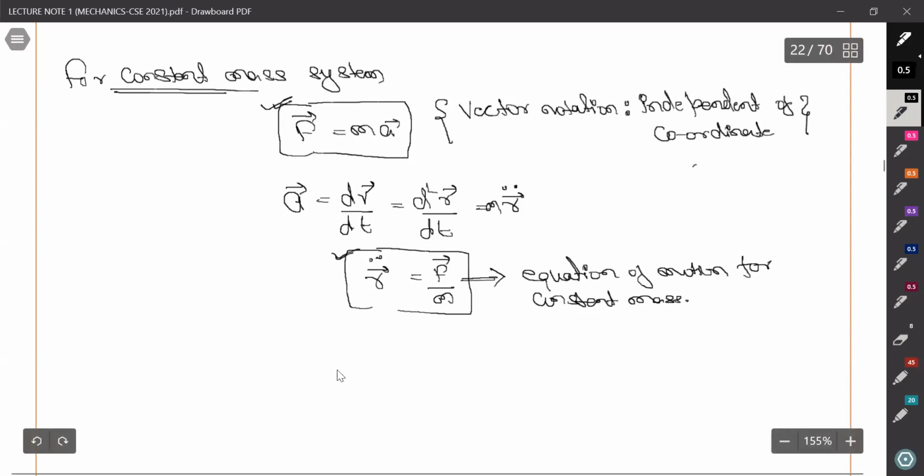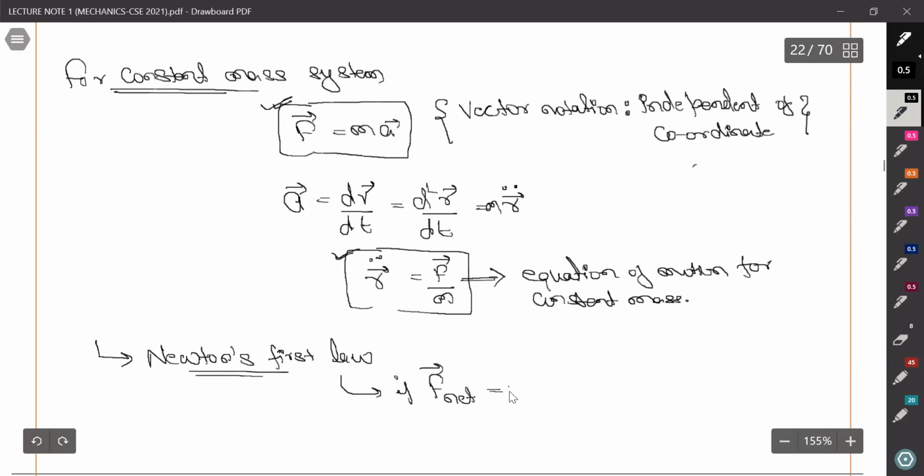Also, according to Newton's first law, what was that? If no net force is acting, then the particle will move with constant velocity. So here we can also deduce the first law from the second law.